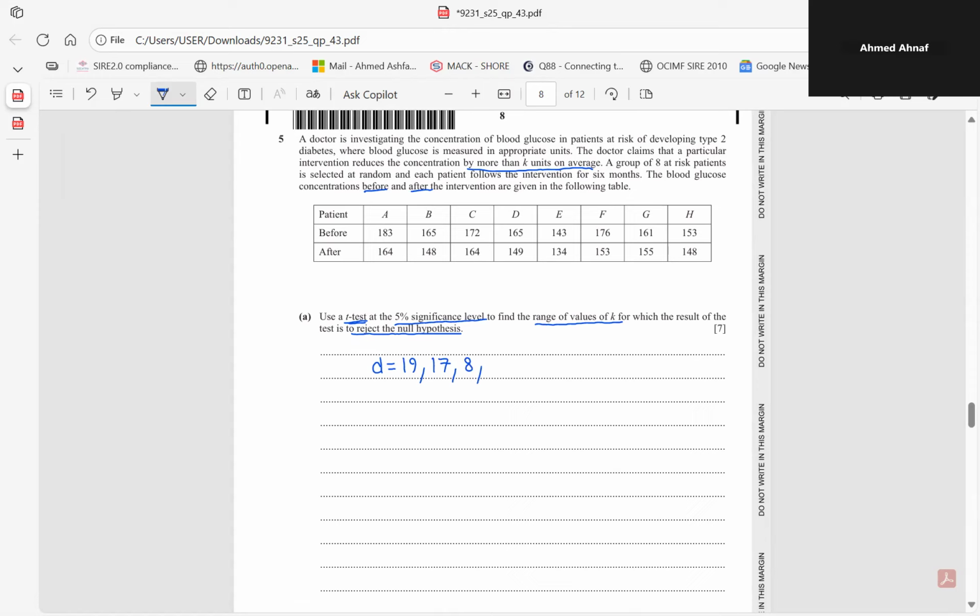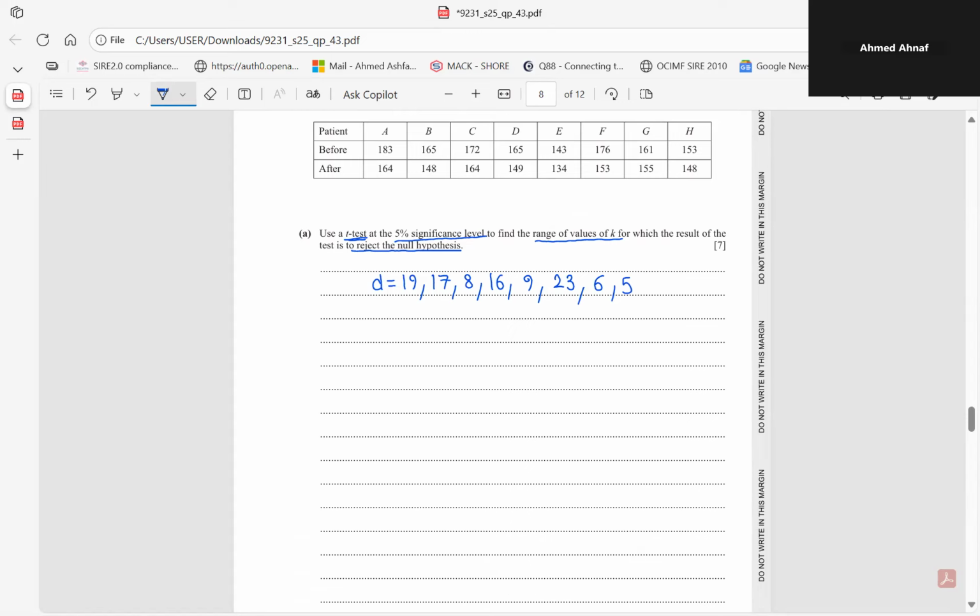D, 165 minus 149, you get 16. And then E, 143 minus 134, you get 9. F, 176 minus 153, you get 23. G, 161 minus 155, you get 6. And finally, for H, 153 minus 148, you get 5. So these are values for D.